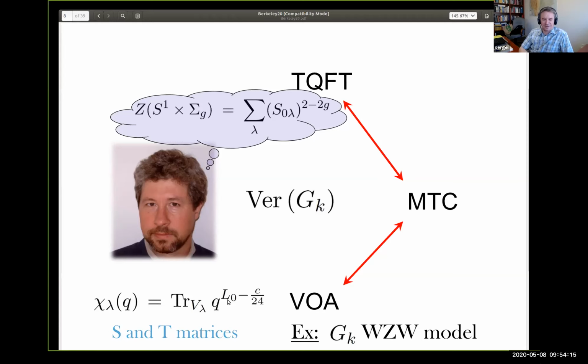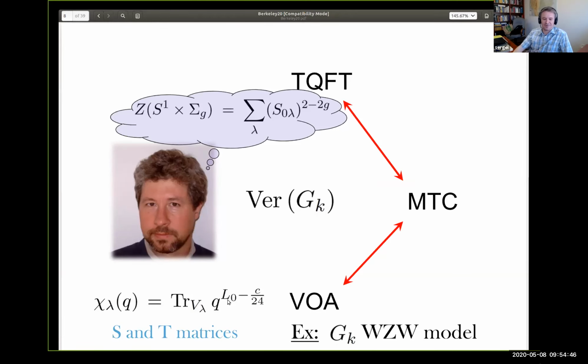In particular, you can ask how it transforms under the modular group SL2Z, which acts on tau in the usual way via fractional linear transformations, where Q is the exponential of 2 pi i tau, as we usually write in any study of modular forms and modular objects. So here in the world of vertex algebras, what we're going to find is that these characters indeed are modular, namely they form a vector valued modular form.